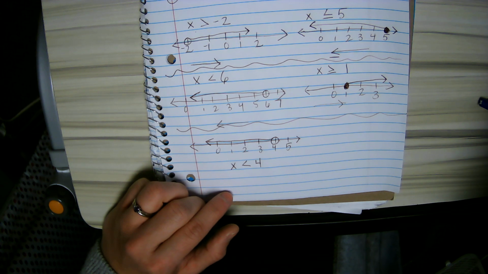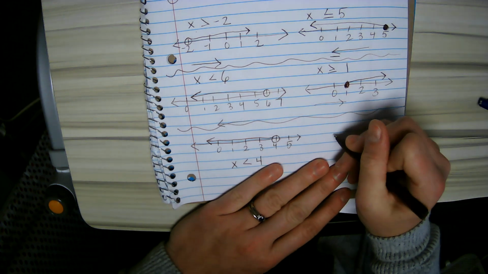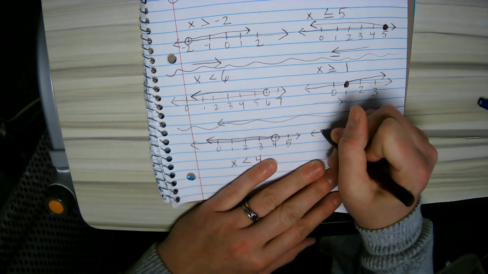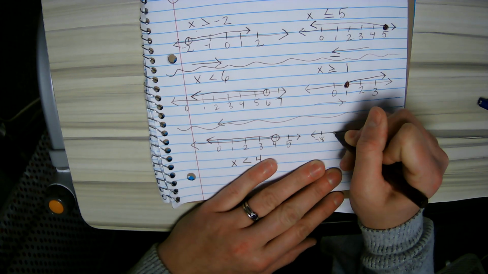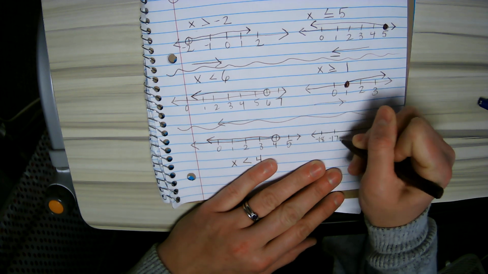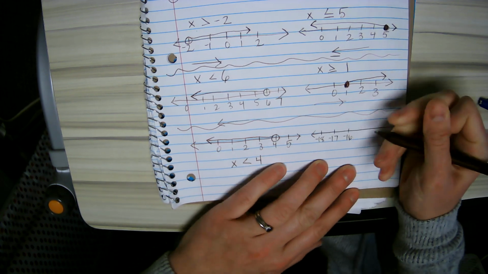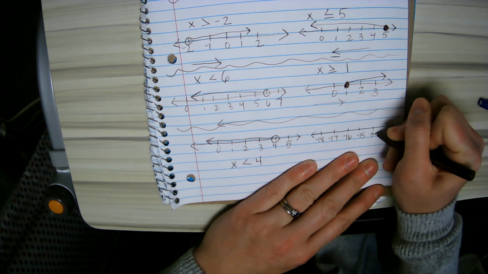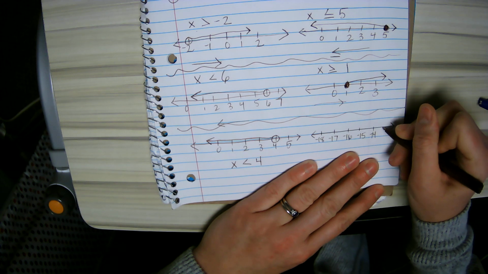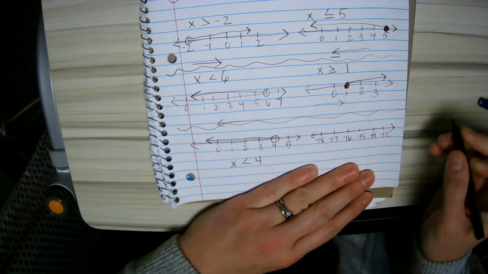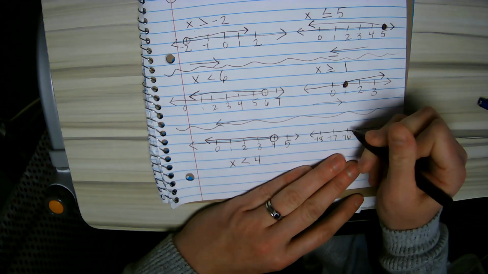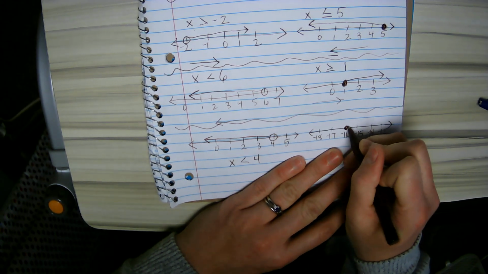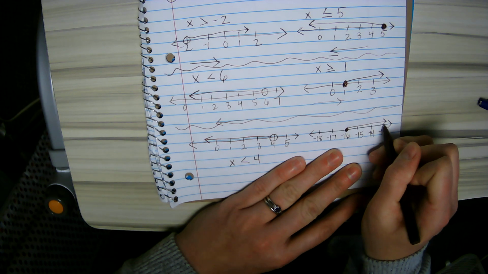Let's try negative 18, negative 17, negative 16. See, it doesn't really matter what the numbers are. Negative 15, negative 14, negative 12, and on and on. Now, let's have a closed circle at negative 16 and a line going to the right.